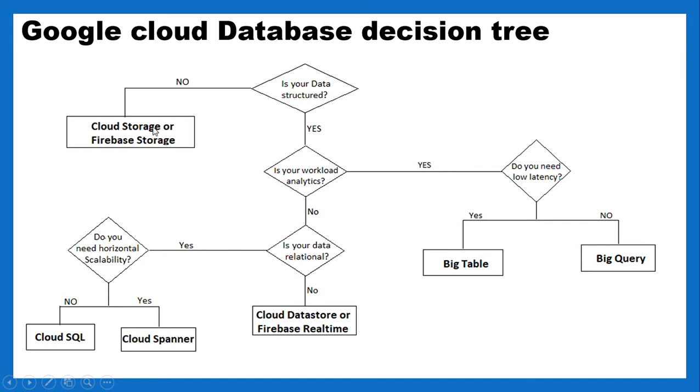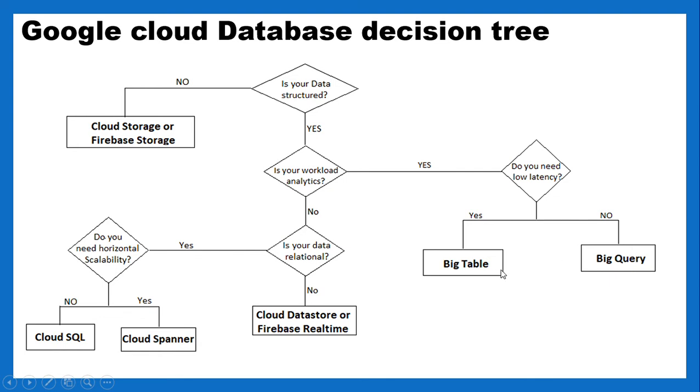If our data is structured and our workload is analytics, meaning we want to do some analytical jobs on that data, then we have two options: Bigtable and BigQuery. To choose between them, we ask: do we need low latency? If we need fast reads and writes, then we will use Bigtable. And if we don't need low latency, then we will use BigQuery.